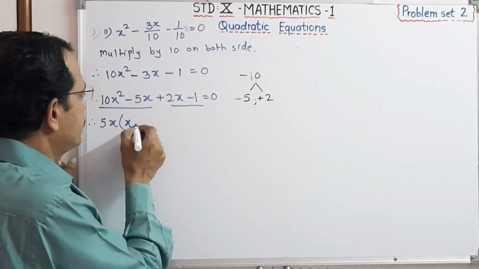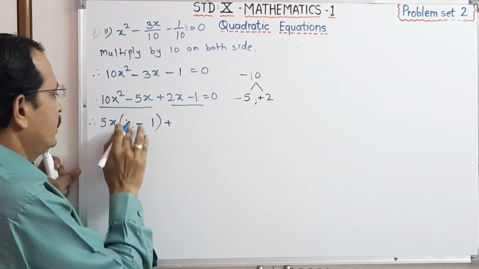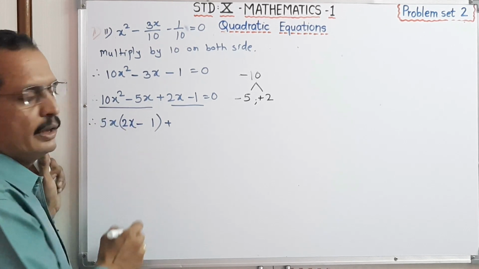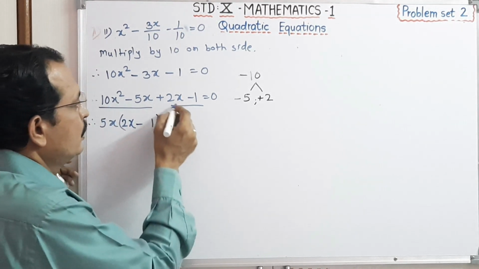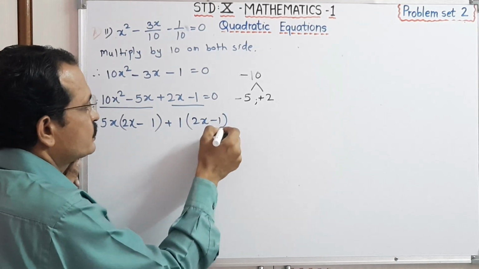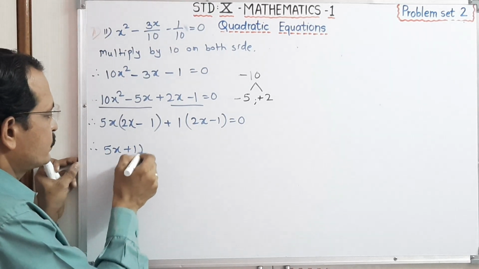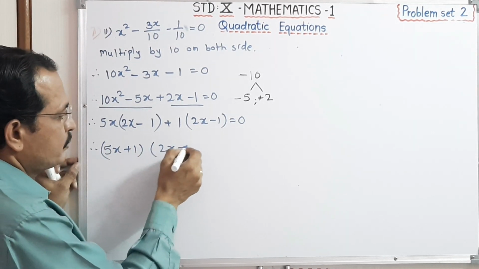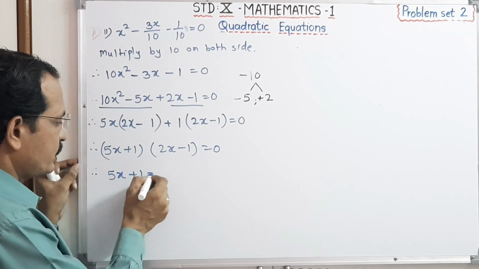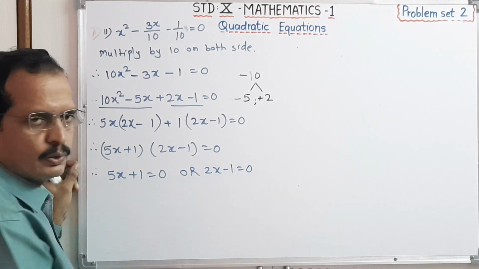Then here it is x minus 1 plus 5 here 5 2s are 10 and therefore it is 2x minus 1, plus here 1 is a common, therefore 2x minus 1 equal to 0, and therefore 5x plus 1 and 2x minus 1 equal to 0. We get here 5x plus 1 equal to 0 or 2x minus 1 equal to 0.